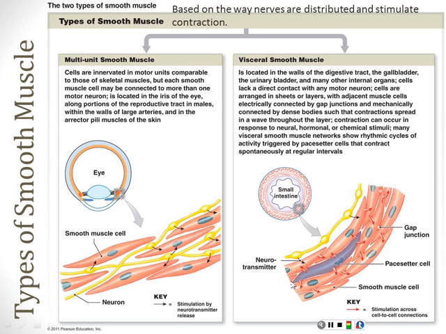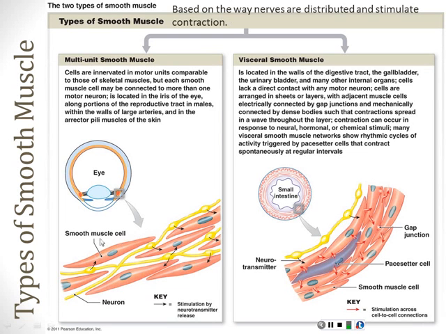So in visceral smooth muscle, the cells are connected to each other, there are pacesetter cells, and then the nervous system can exert some control over the group of smooth muscle cells, right? The much less common form of smooth muscle is the multi-unit smooth muscle. And in many ways, this smooth muscle behaves more like skeletal muscle does, where the nervous system has to stimulate its activity.